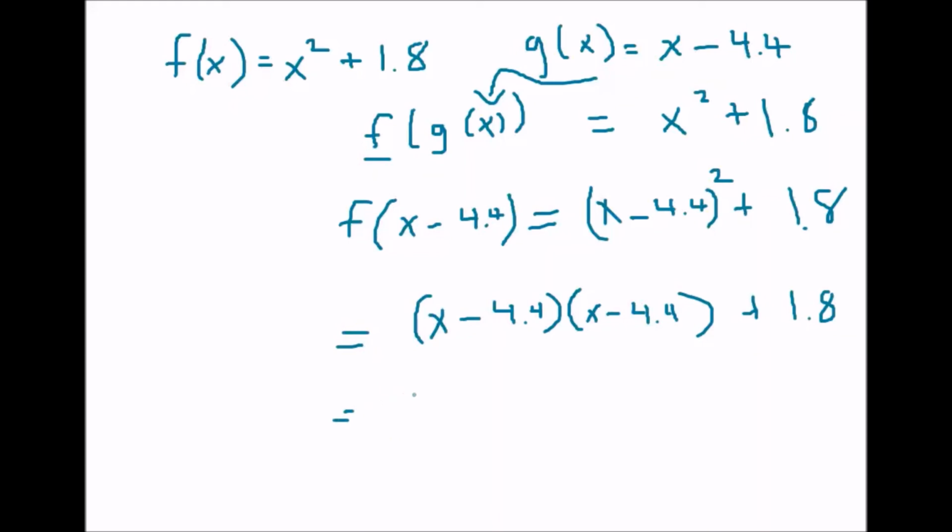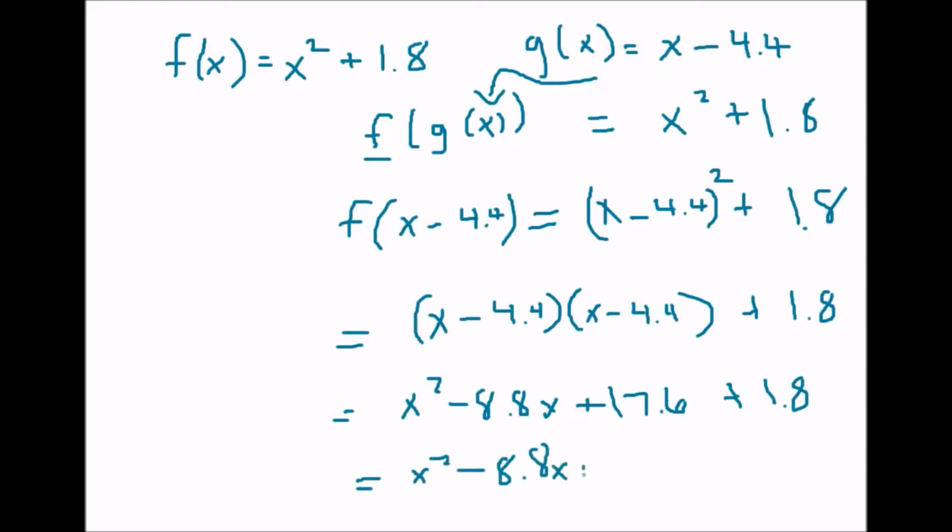When you FOIL that out, you're going to get x squared minus 8.8x plus 17.6 plus 1.8. Your answer is x squared minus 8.8x plus 19.4.